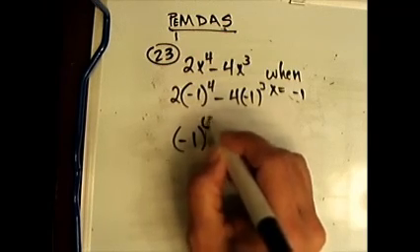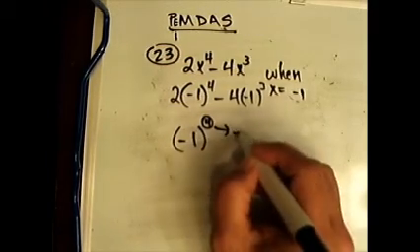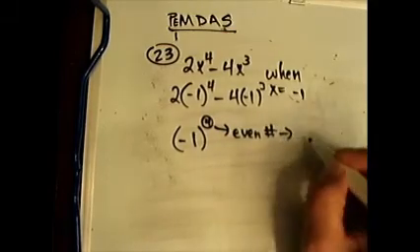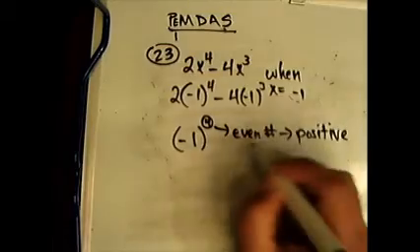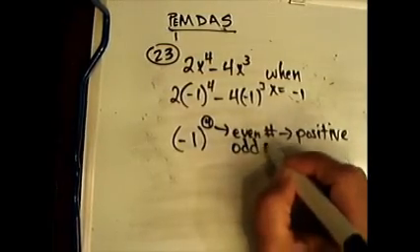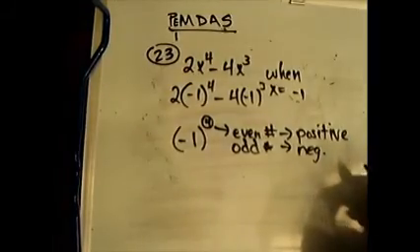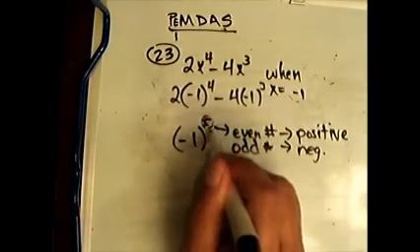Look at your exponent right here. If this exponent is an even number, then your answer will be positive. If it's an odd number, can you guess what that would be? Negative. Okay? So if this was a 5, then it wouldn't be even anymore.